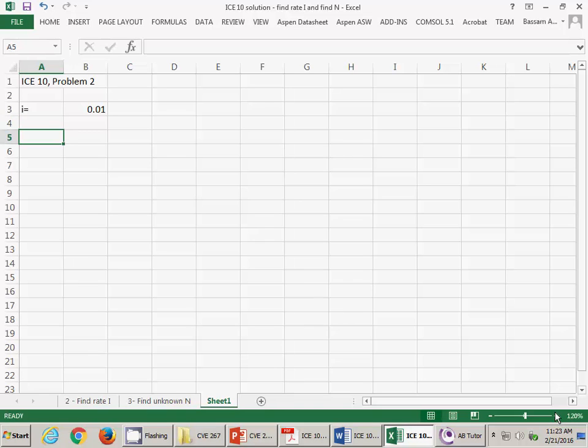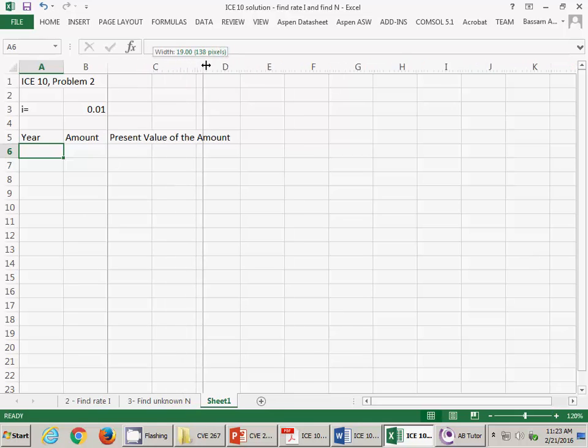All right, now below that I'm going to have year, and then one column that's titled amount, another column that's titled present value of the amount. That's a mouthful. And you can change the width of the column like this.